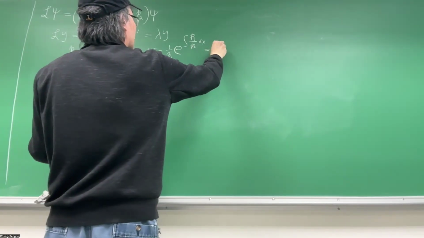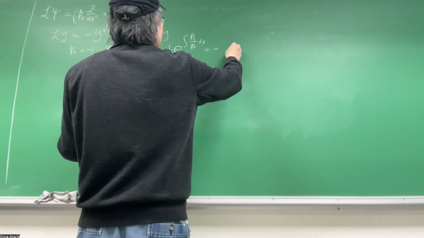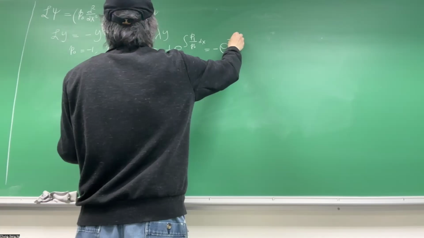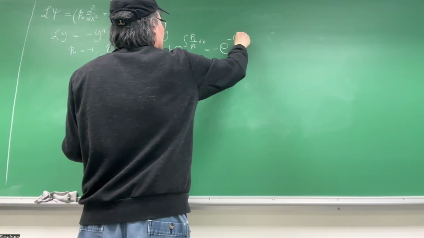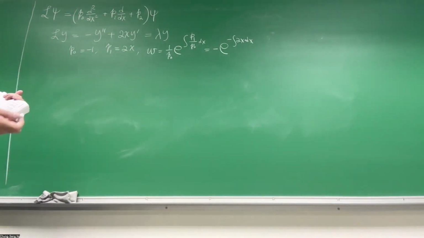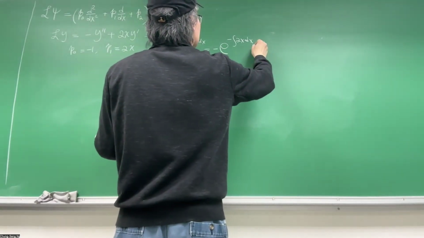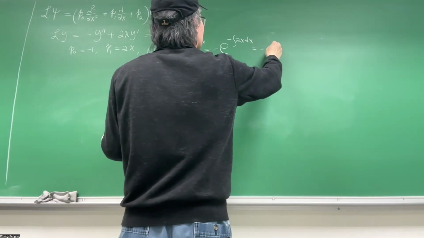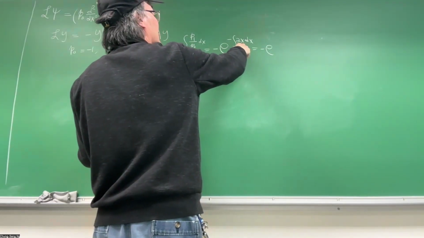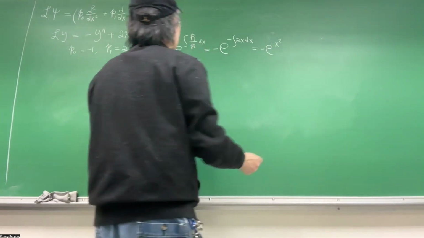P sub 0 is -1, so minus, and then the exponential function of minus the integral of 2x dx. Let's work that out. Integrating 2x gives x squared, so we get minus x squared.